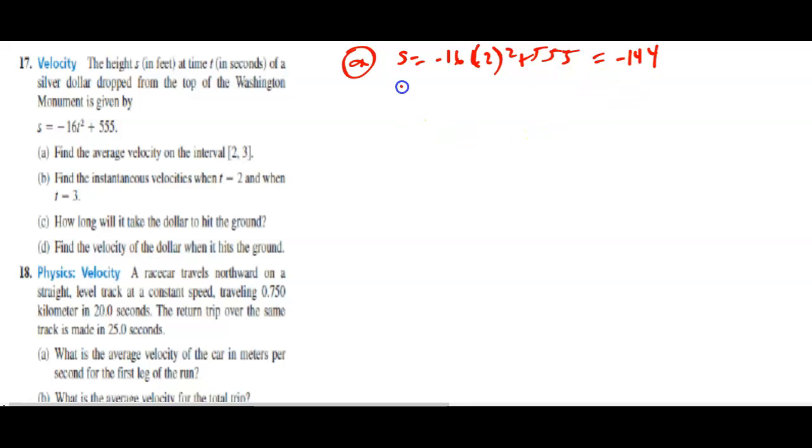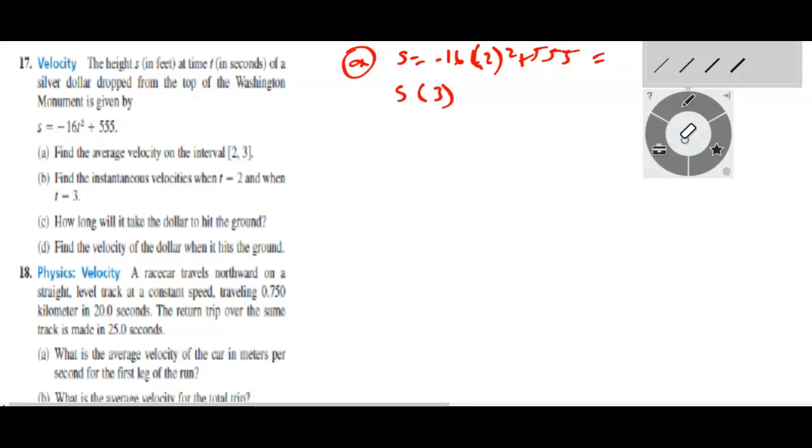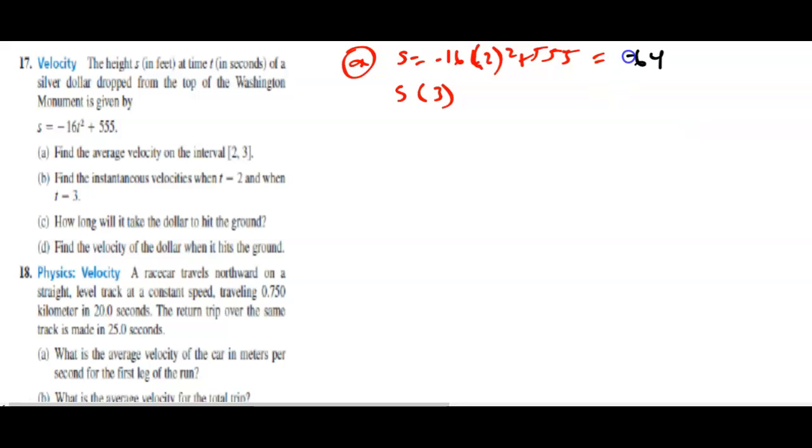And then we do s of 3. I'm sorry, that's not right. That's negative 64, no wait, that's 491. And then we do s of 3, which is negative 16 times 3 squared plus 555. And that's 411.